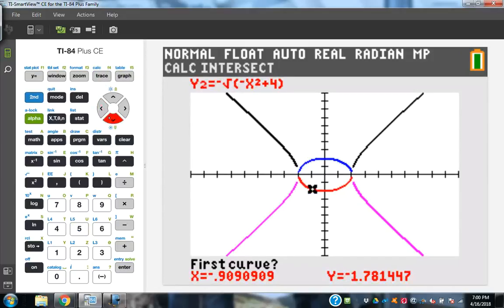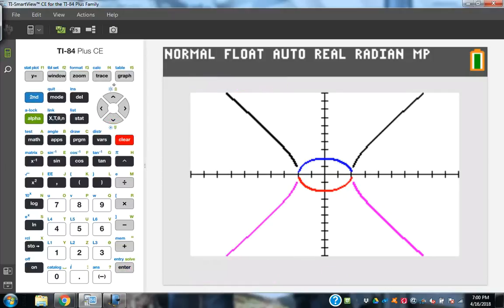Second curve, 3. All right, it's still walking up here. Come on. First curve. Second curve. Now then. It's not hitting. Why is that?